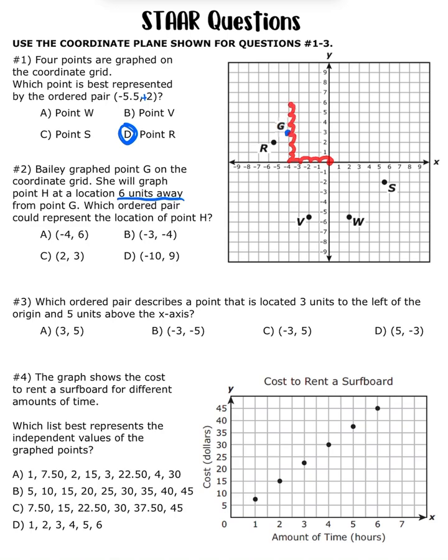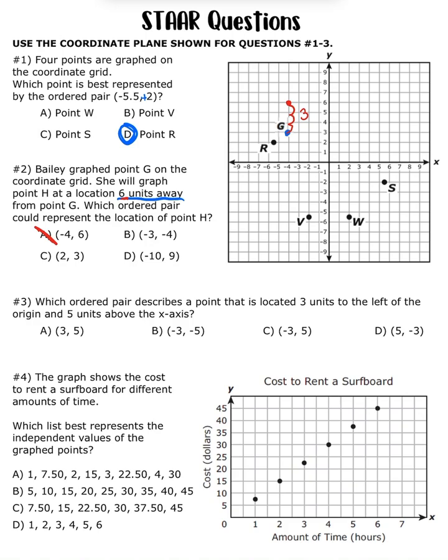And again, remember we're counting those boxes. So I'm going to put a point at -4, 6. Now I can look and see, is that 6 units away? I'm going to start at G and count my boxes. I have 1, 2, 3. That is only 3 hops away. So that is not correct because it is only 3 units away.